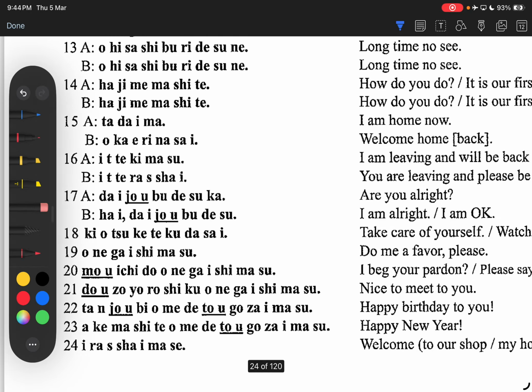Kudasai means please. So that means please take care of yourself. Please be cautious about your body's balance, that kind of thing lah. I know it's a bit complicated, but it literally translates to that lah. So simplified, it will just be take care of yourself. Okay. Next, number 20. もう一度.